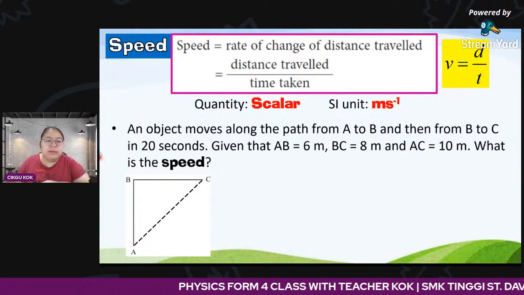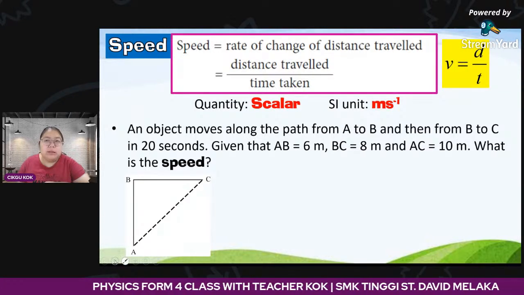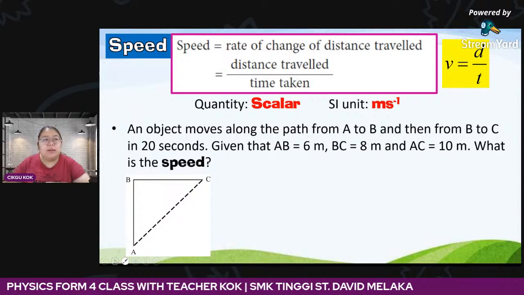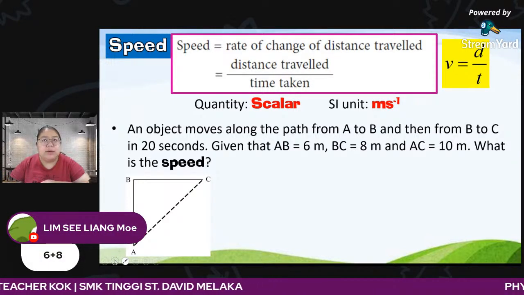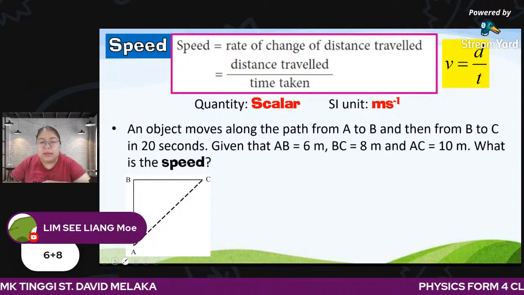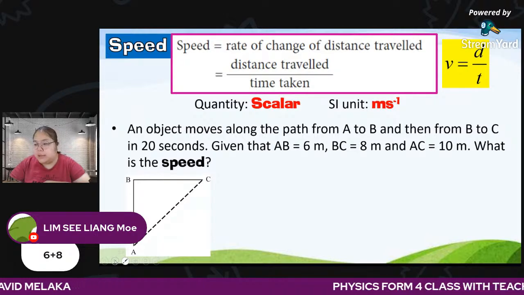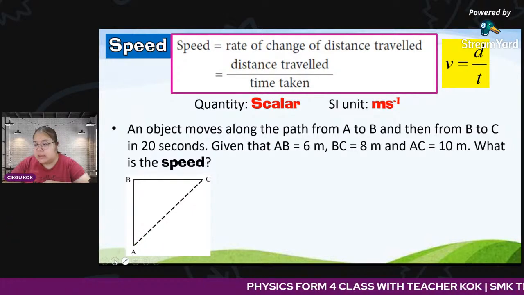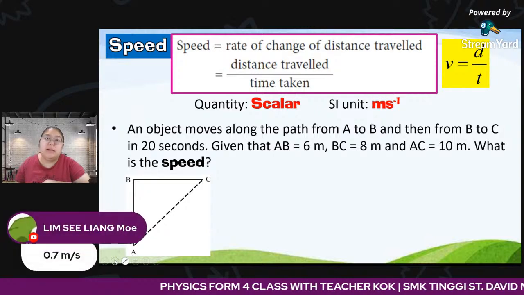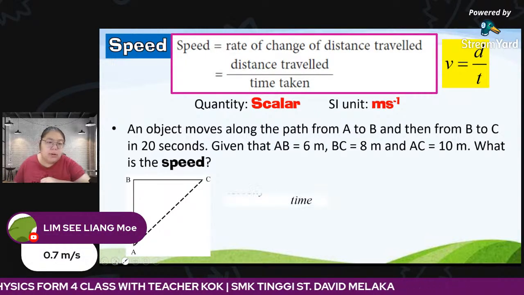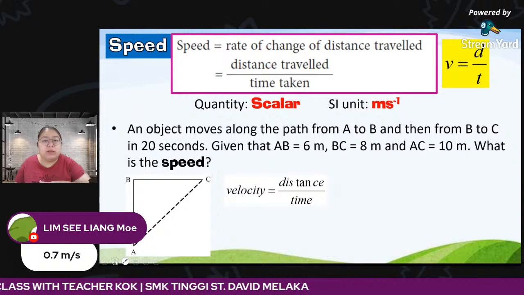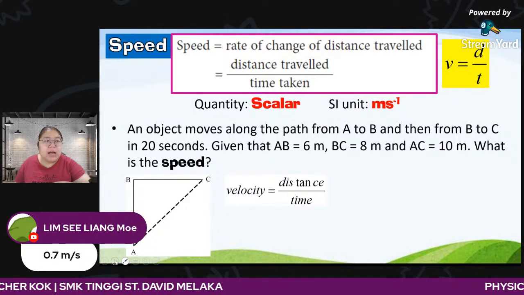Okay, Si Liang, correct. Si Liang told me they're using the distance, 6 plus 8. From here, we're going to see the exact answer. Okay, so speed equals distance over the time.